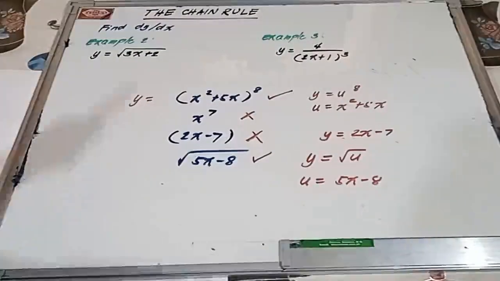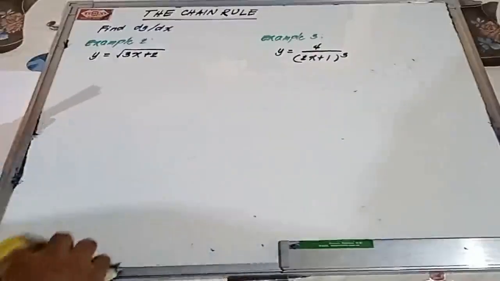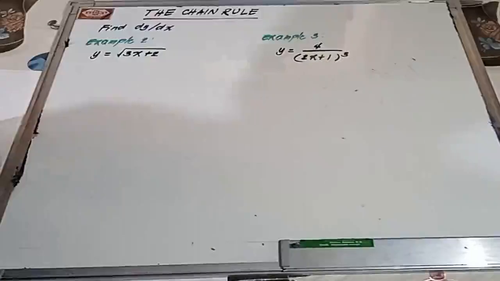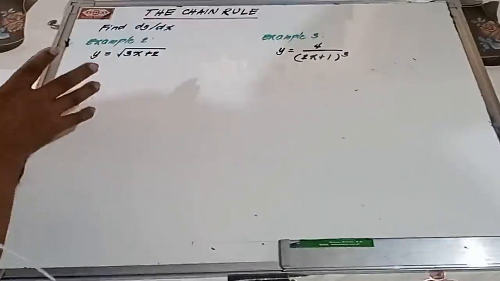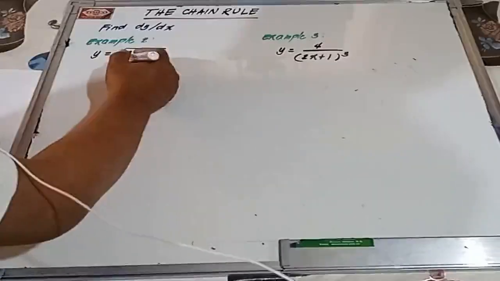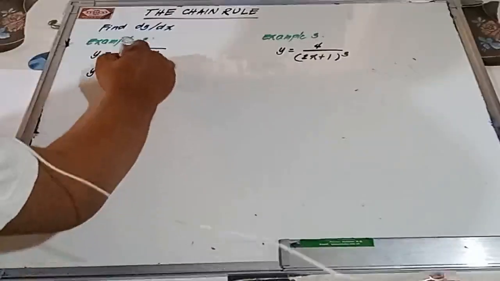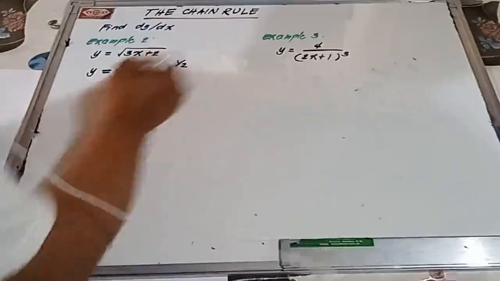Okay? So let us answer number 2. Gagamitan ba ng chain rule? Yes. Kasi this is a composite function. So, paano natin gagawin yon? The derivative ng outside function times derivative of the inside function. O ilagay muna natin siya into fractional exponent, yung ating radical. So, y equals 3x plus 2 raised to power of 1 half.